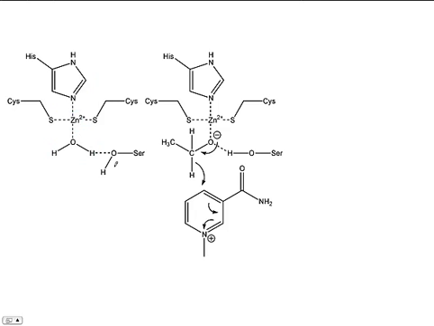So when an alcohol such as ethanol binds, the association between the zinc and this oxygen here causes that alcohol to be deprotonated fairly quickly, and the negative charge is then stabilized by both the zinc as well as hydrogen bonding with this serine residue over here.